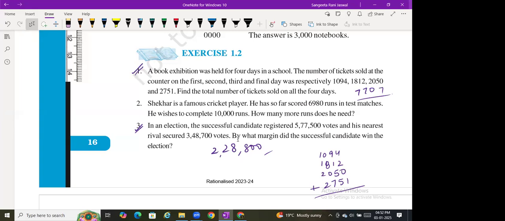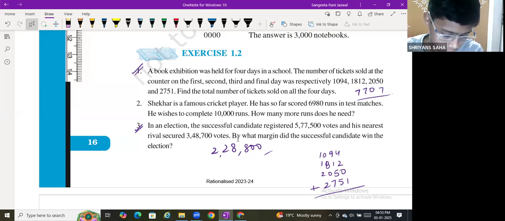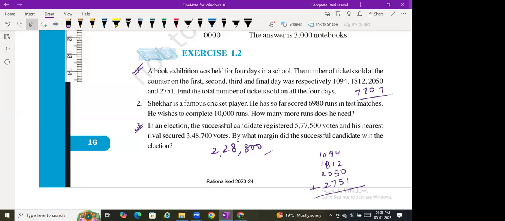Now it's saying the book exhibition was held for 4 days in a school. The number of tickets sold at the counter on the first, second, third, and the final day was, these are the numbers given, okay? Find the total number of tickets sold on all 4 days. So what shall we do here? Total number of tickets sold will be, ma'am, we will do the sum of all the tickets, right?